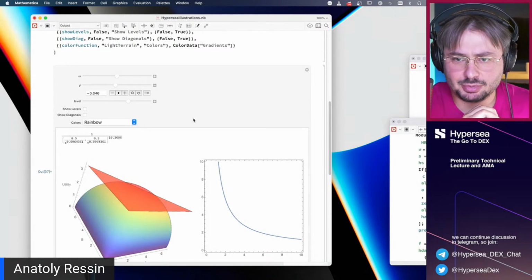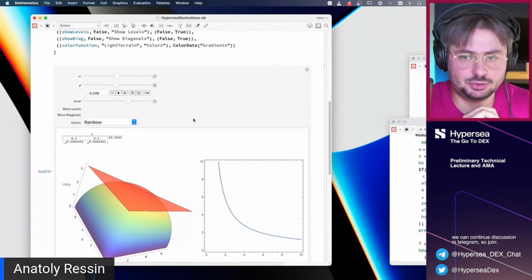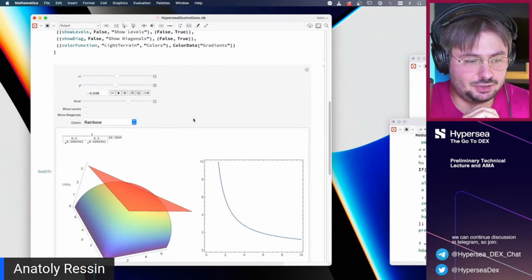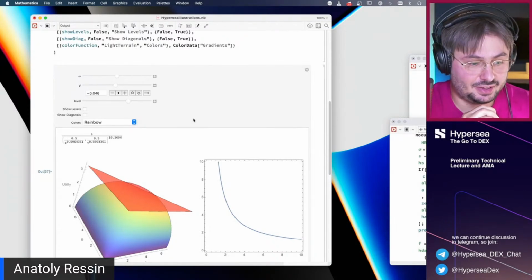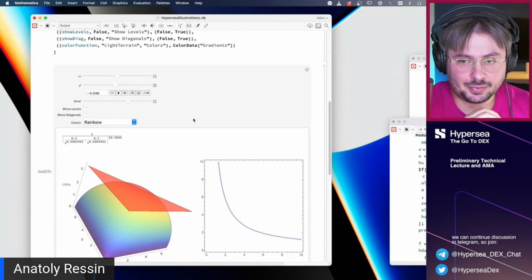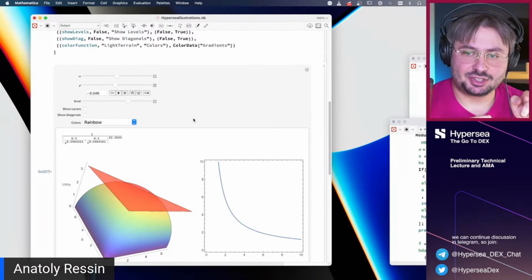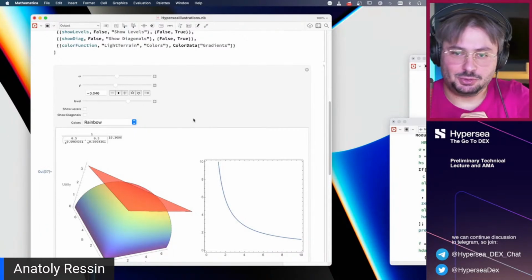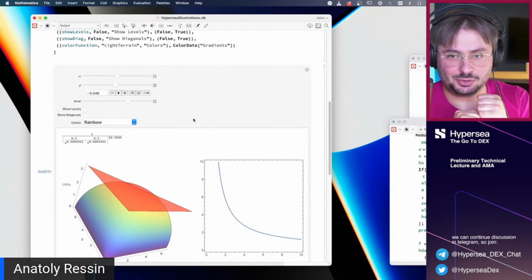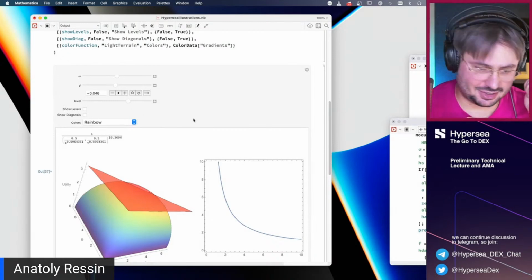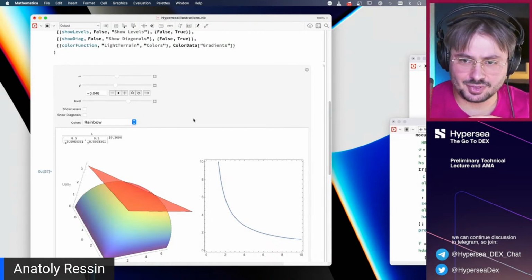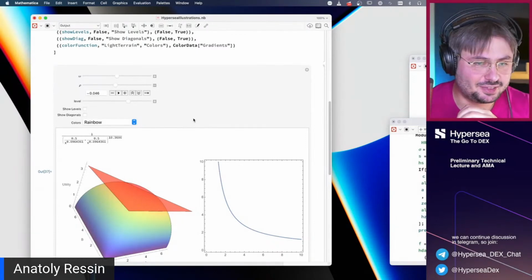Like when you put into Compound, you receive cETH. You put in Ethereum and you receive cEthereum.